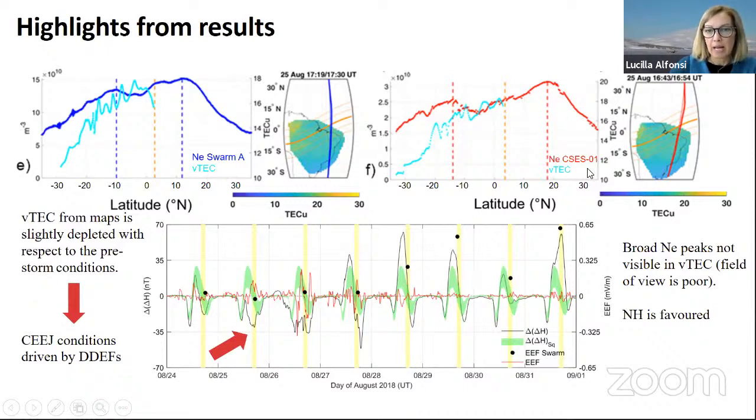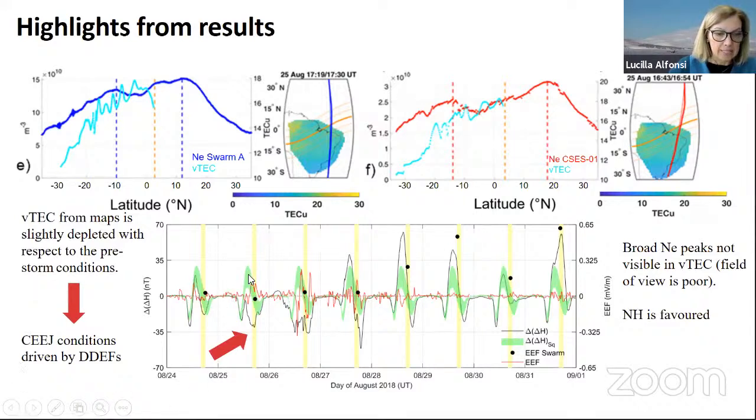The same exercise with the XS satellite in red. And in this plot, you see the behavior of the geomagnetic field as seen by the magnetometer at ground and as seen by the Swarm satellite with this black dot.